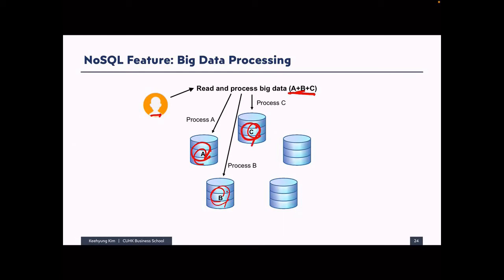Instead of processing the entire data on one server, each server processes a different part of the data, and they combine the results together and send them to the user. By utilizing this kind of distributed system, we can increase the speed. That's one of the principles of NoSQL.